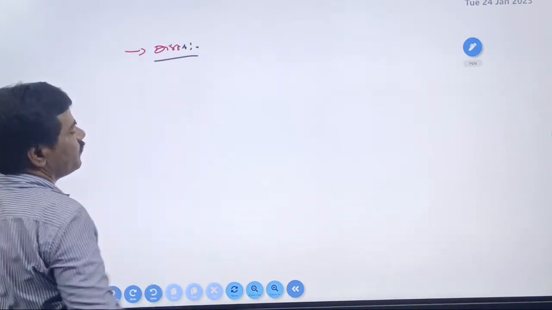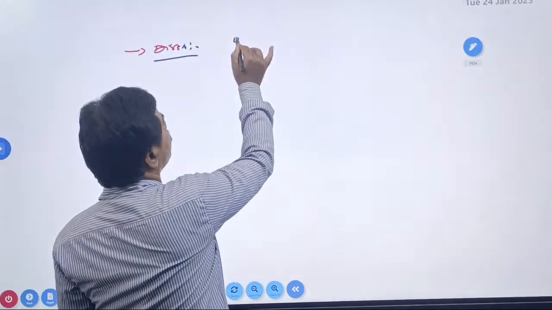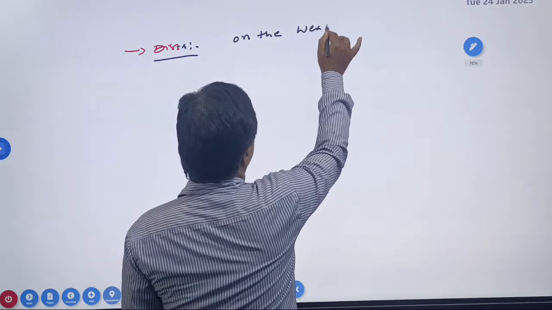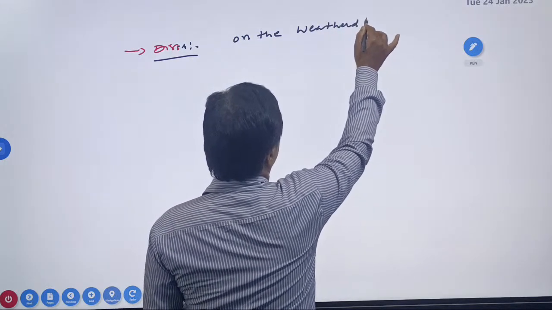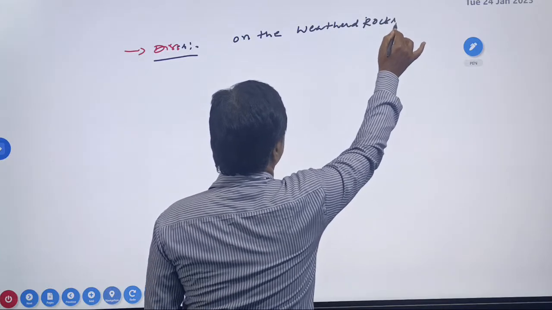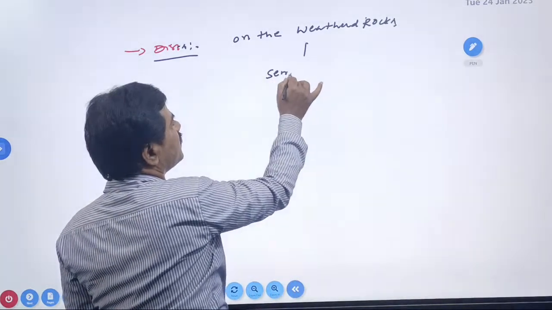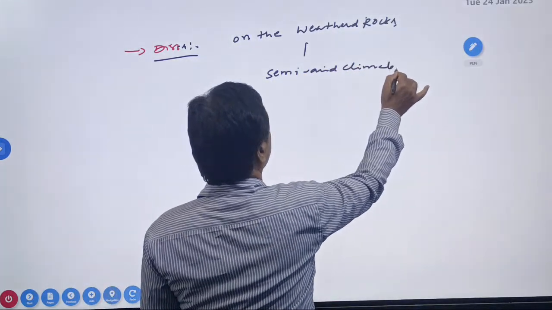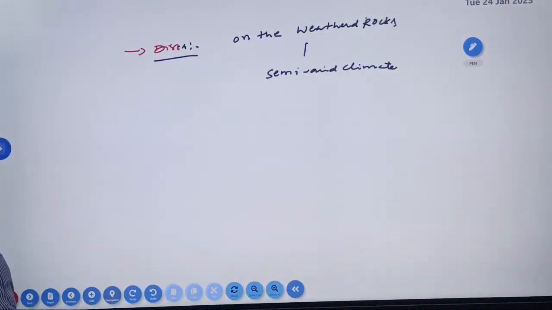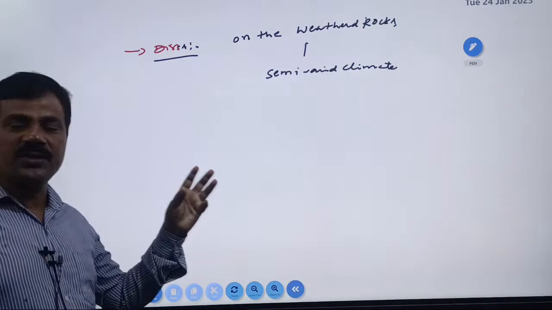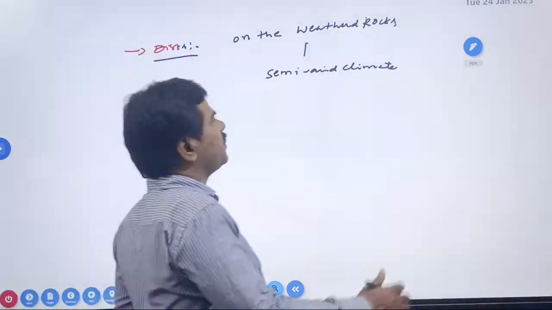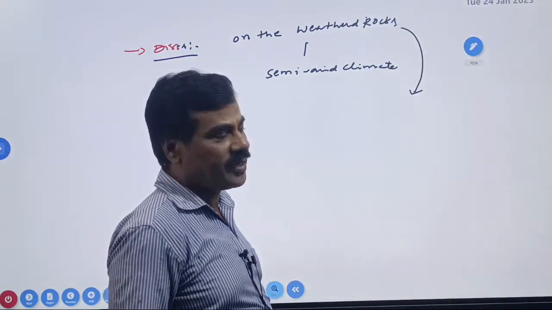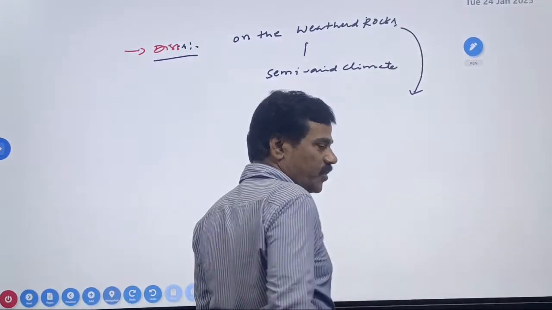Black soils are developed by the weathering process under semi-arid climate. Under semi-arid climate, the weathered rock material is deposited on top of the soils.